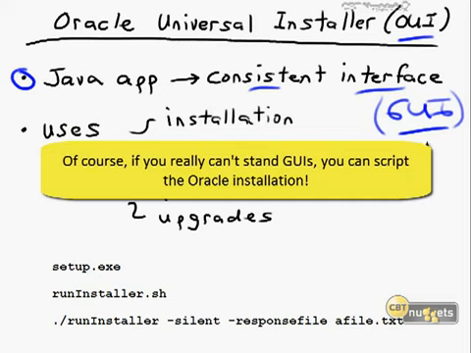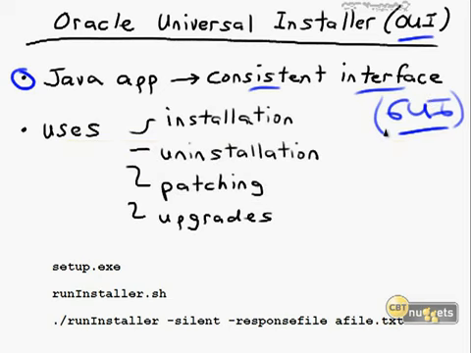What's nice from a learning perspective is that if you understand how the OUI works under Linux, you'll know exactly how the OUI works under Windows, and vice versa. Oracle gets a lot of mileage out of the OUI. We use it not only for installation of Oracle database, but we use OUI for uninstallation, patching, and upgrades.